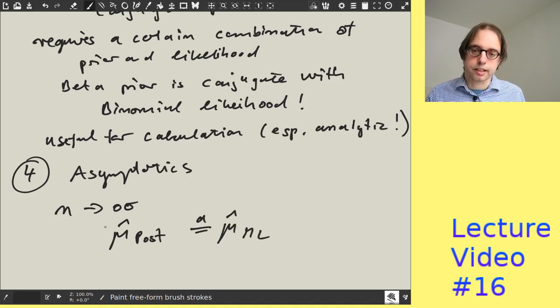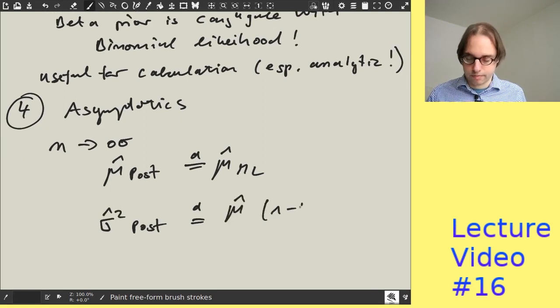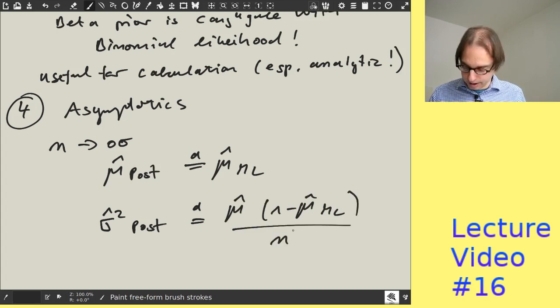And the key thing is, if you look at the posterior variance for the beta binomial, it also becomes asymptotically the maximum likelihood variance.